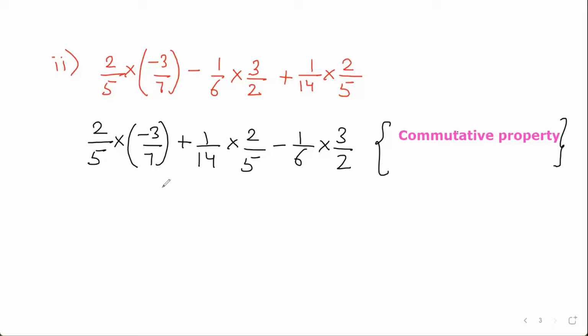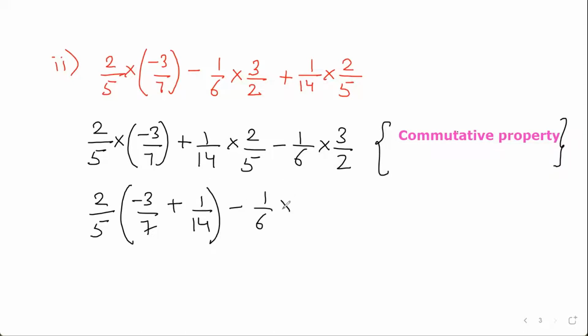Now we will take common out of these two terms. So 2 by 5 is common, and we would be left with minus 3 by 7 here plus 1 by 14. Minus third term would remain same. Now in this term, you can again observe hidden symbol means it's multiplication here. So it's multiplication over addition.